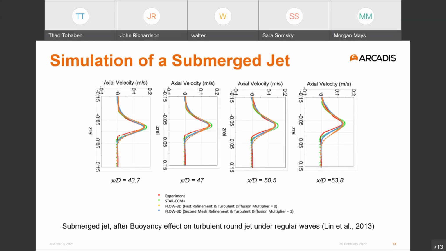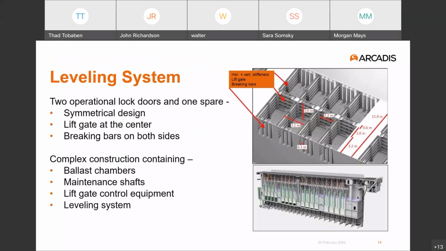So it's a nice test case that set us up to finally get to the work that we wanted to carry out, and that was to understand how flow moves through the proposed leveling system for these gates.